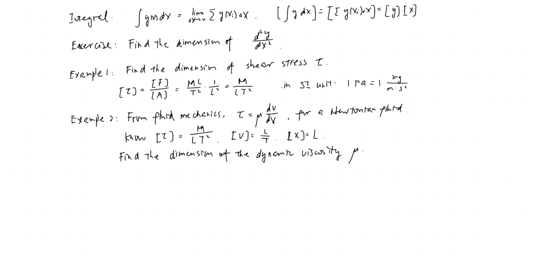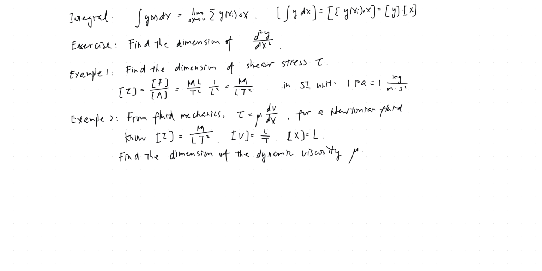So how can you figure out the dimension of dynamic viscosity from this equation? The way we solve this is to recognize that in this equation, the dimension on the right-hand side must be equal to the dimension of the left-hand side. Otherwise, there's no way you can equate two quantities of two different dimensions.